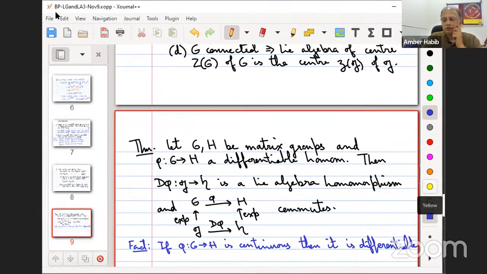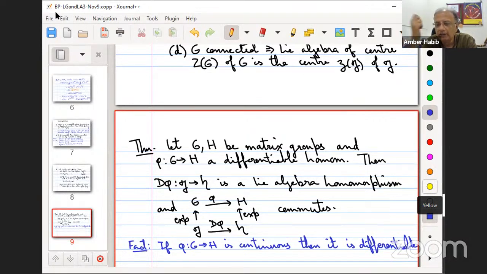And again, it's actually a very similar proof to the proof for the adjoint case. So let's skip this proof, but we see a very nice connection here, right? So we see that Lie group homomorphisms induce Lie algebra homomorphisms. And the exponential map gives you a way of going back.